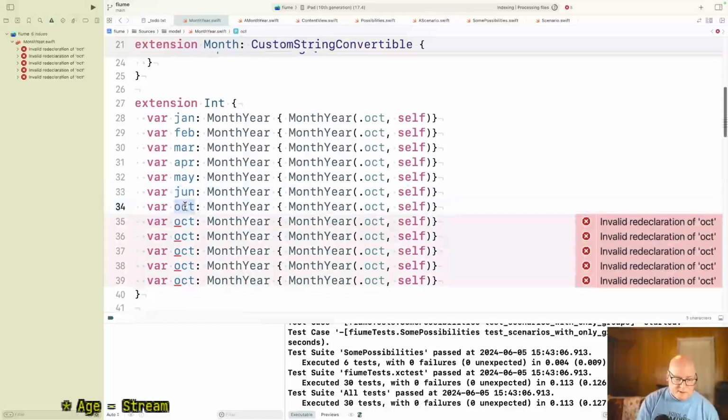I think it'll make them much more readable. It's a little work to do it, but I think the result will be worth it.